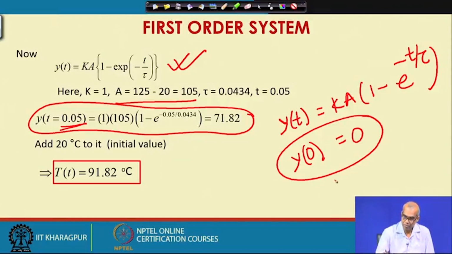You remember what happens when I take Laplace transformation of dy dt? This is s y s minus y 0.